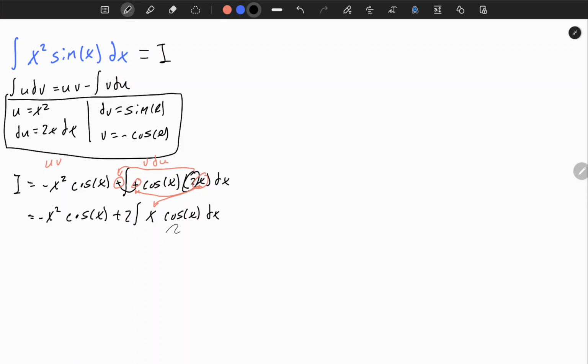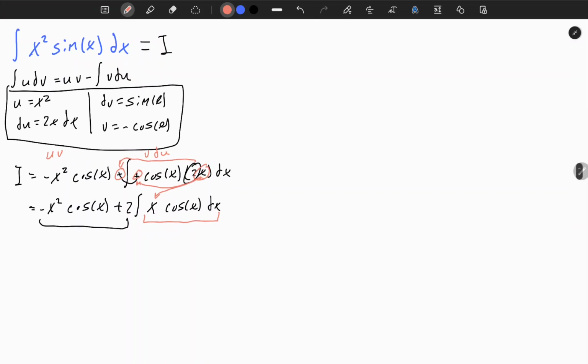So now we solve this part. Let's focus now on right here. Now notice that we have to use integration by parts again to solve the rest of it. So we're going to set u equal to x, since it'll be easier to get the derivative of x.